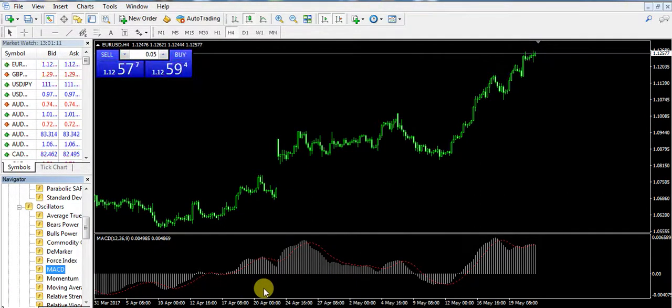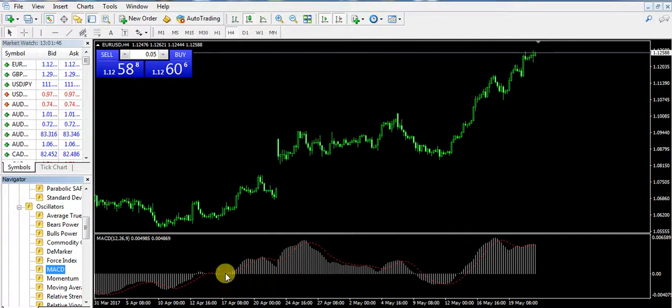A quick recap: whether the MACD is trading in a positive territory, i.e. the bars being above the zero line, or in a negative territory, i.e. the bars trading below the zero line, whether the bars appear above the moving average, the red dotted line, like they do over there and over there, or whether the bars appear below the red dotted line, like they do over there and over there.